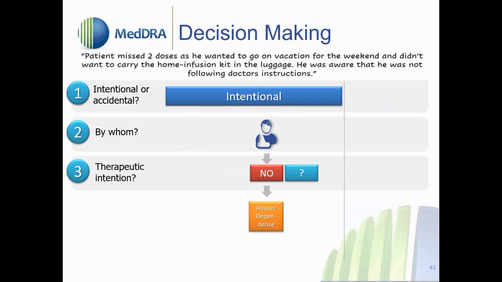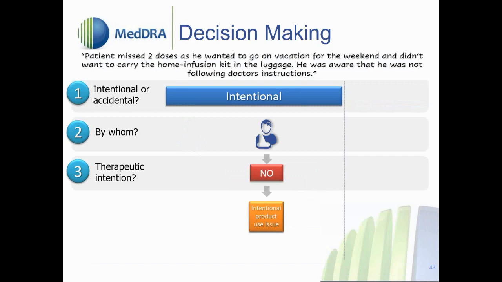So we would usually classify the incident as a drug abuse or dependence, but this doesn't fit in this instance. It's not a drug abuse that is reported here. Just an intentional deviation from the doctor's instructions. So here, I would rather classify this event as an intentional product use. So I would not select the abuse term, but I would classify as intentional product use issue.